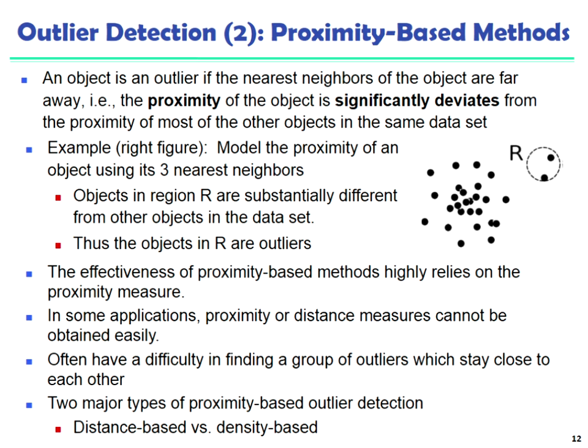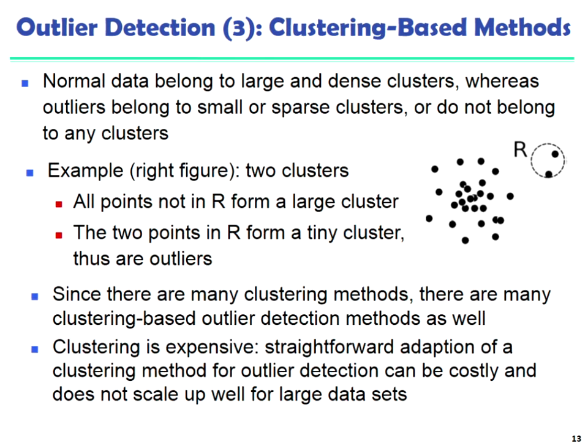Now clustering-based methods. How can we use clustering-based methods to detect an outlier? Normal data belong to large and dense clusters, whereas outliers belong to small or sparse clusters, or do not belong to any clusters.